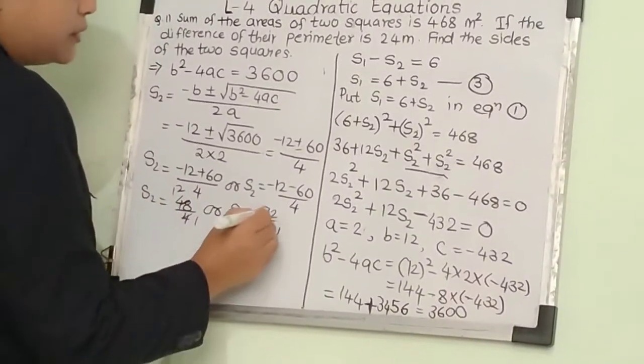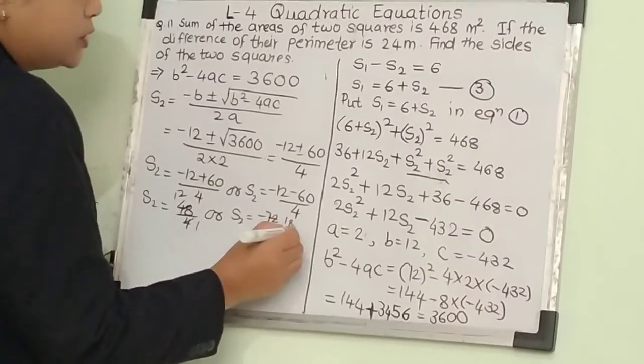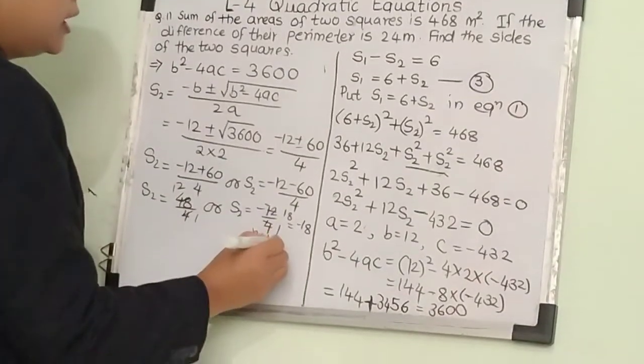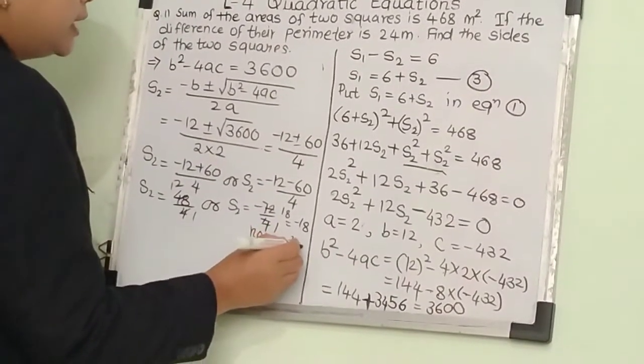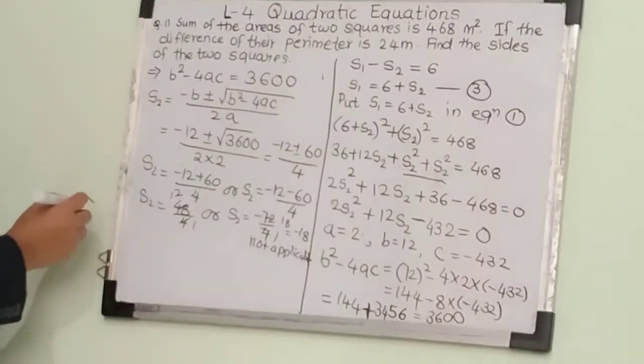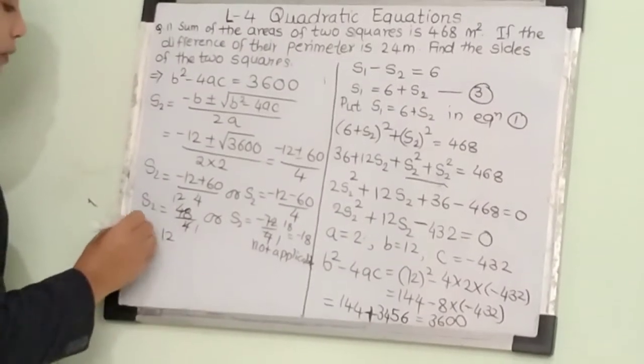And here we get minus 18, which is not applicable because a side is never negative. The length we can measure is positive only. So we get S2 equals 12.